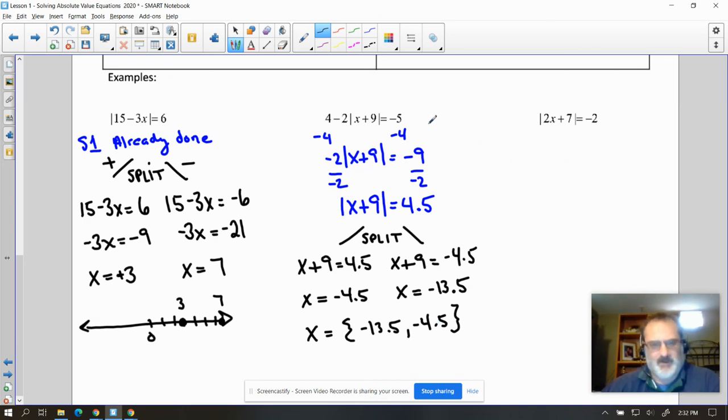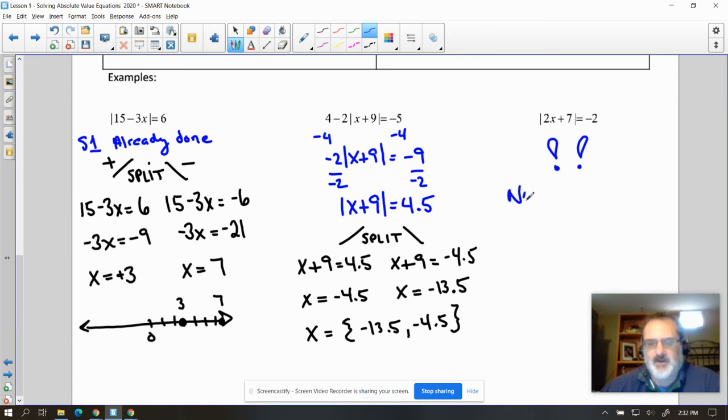All right, last one. In this last example, I have an absolute value equal to a negative. This should set off alarm bells right here, because an absolute value can never be equal to a negative. So no matter what I put in for x, I'm never really going to get a negative number.